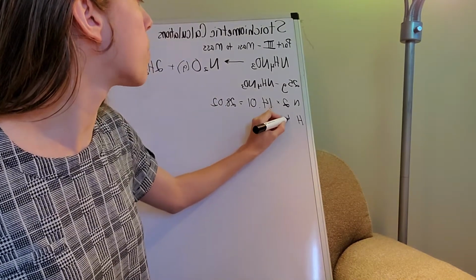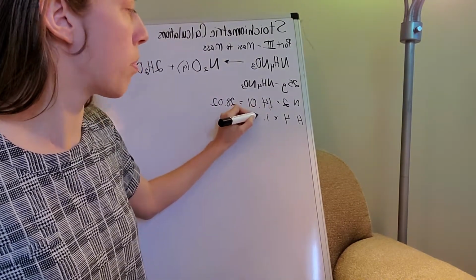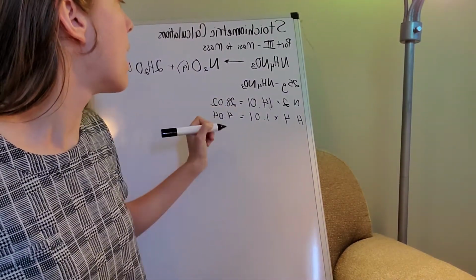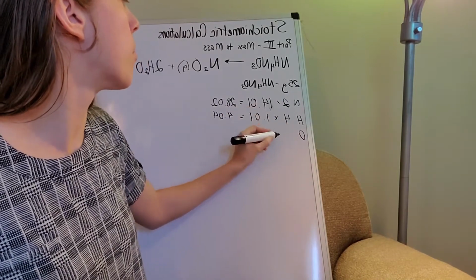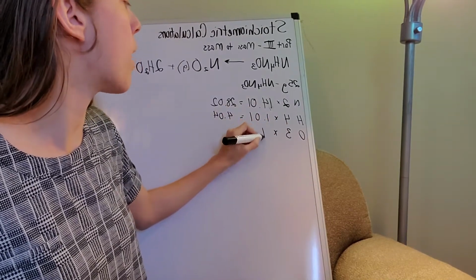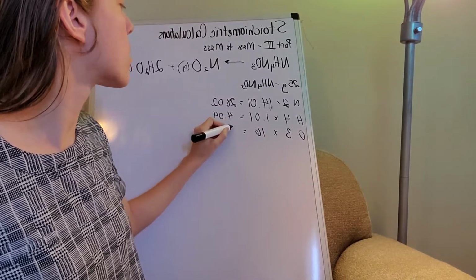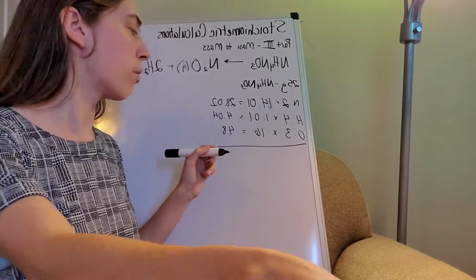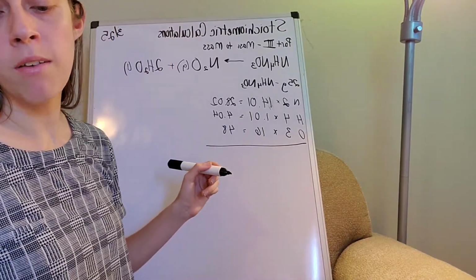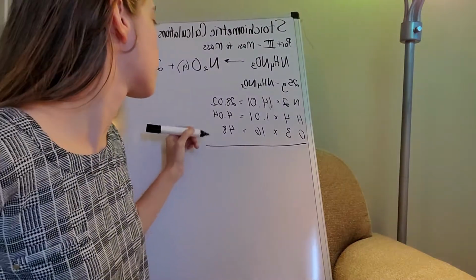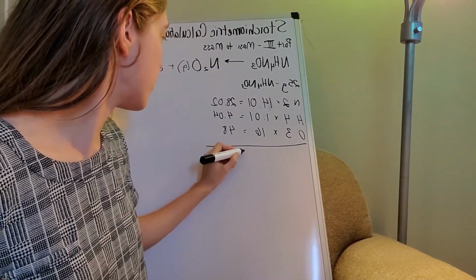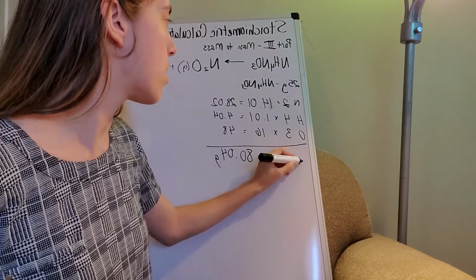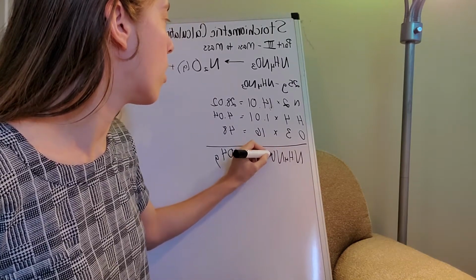We've got 4 hydrogens times 1.01, I'm rounding here, equals 4.04. And then oxygen, we've got 3 times, again rounded, 16, and that's going to give us 48. To get our total mass, we add all these together. 28.02 plus 4.04 plus 48 gives us the molar mass of 80.04 grams. Again, this is a little bit rounded. So this is our molar mass of NH4NO3.